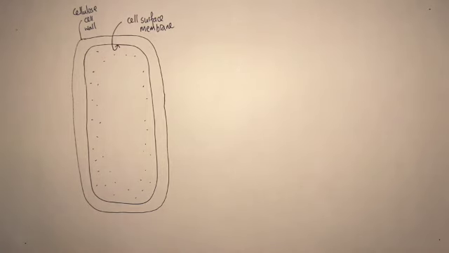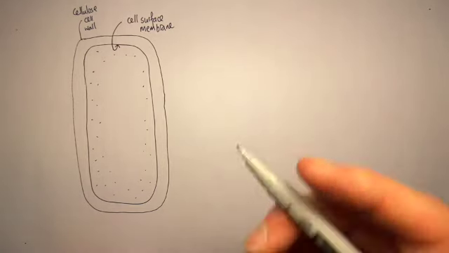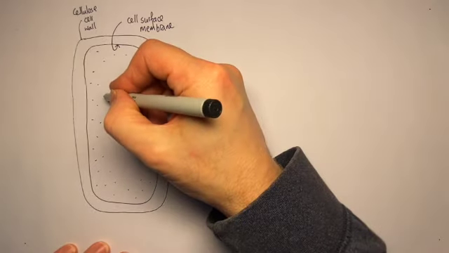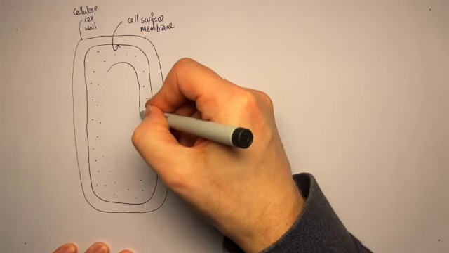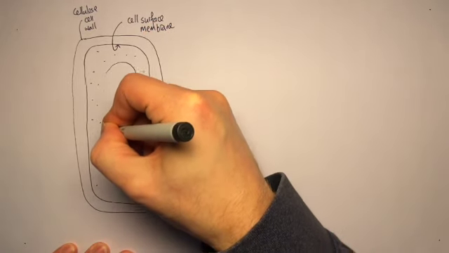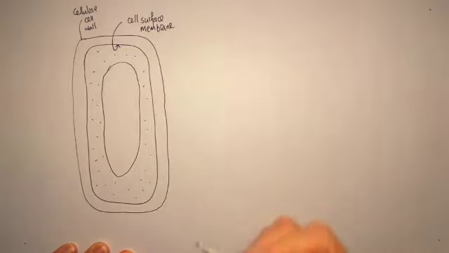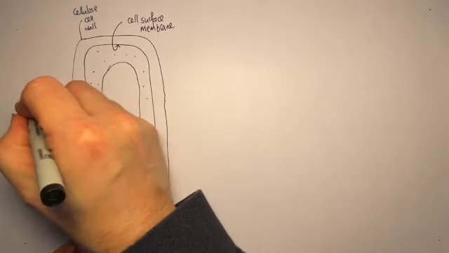But of course, we wouldn't be able to see those organelles under a light microscope because the resolution is far too low. One of the biggest organelles that you can see with a light microscope would be the vacuole.